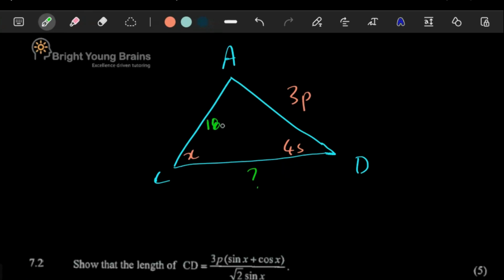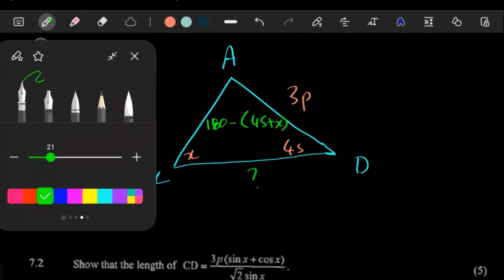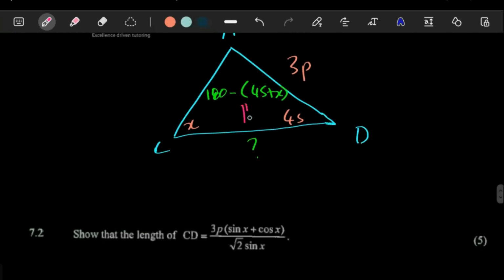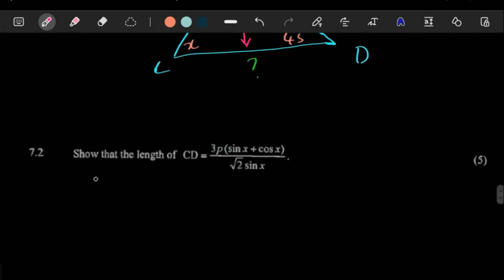So 180 minus the 45 and the X. In this situation, it looks like we may have to use the sine rule because we have an angle and the opposite side is missing. Here we have an angle given and the opposite side given. So let's use the sine rule.